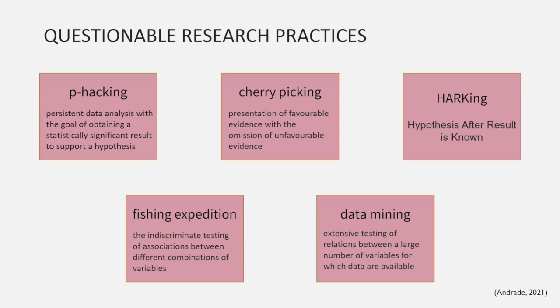Cherry picking is this presentation of favorable evidence and the omission of the unfavorable evidence. The principal difference that I see between the fishing expedition and p-hacking is that in a fishing expedition, we don't have a hypothesis, whereas in most cases p-hacking is this persistent data analysis with the goal of obtaining a statistically significant result, but to support an a priori hypothesis.